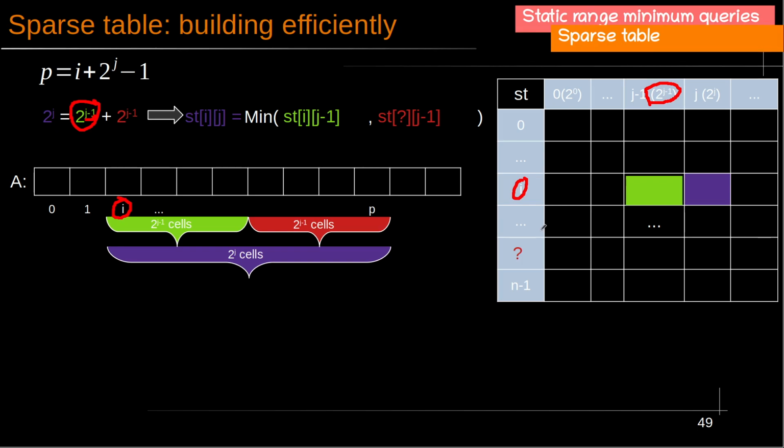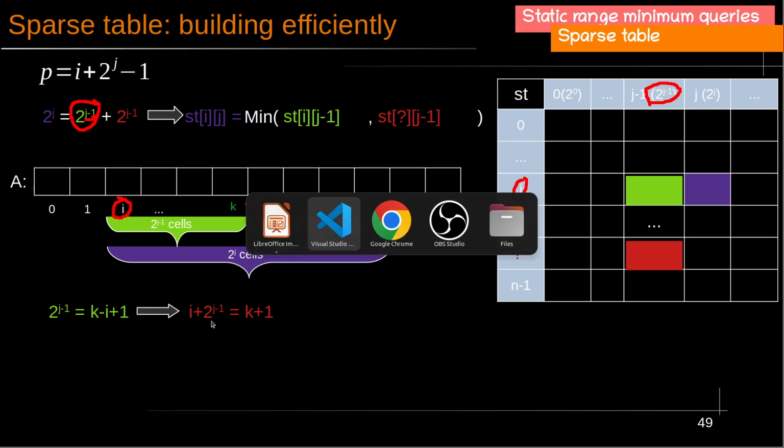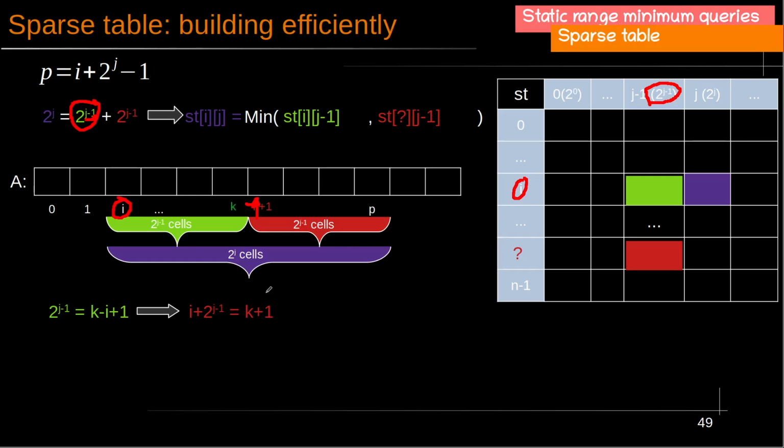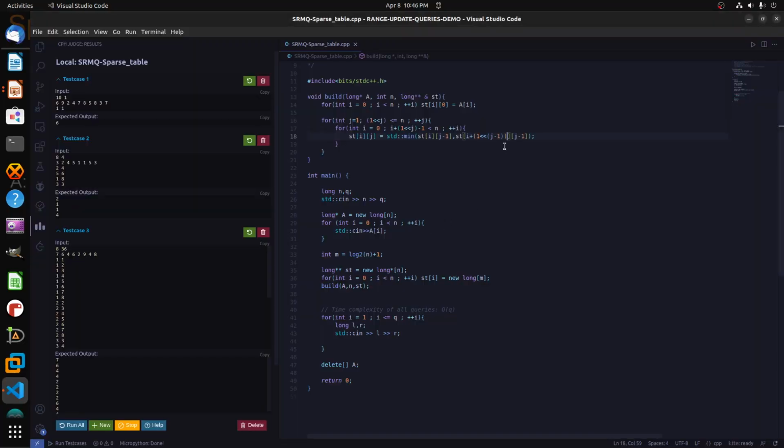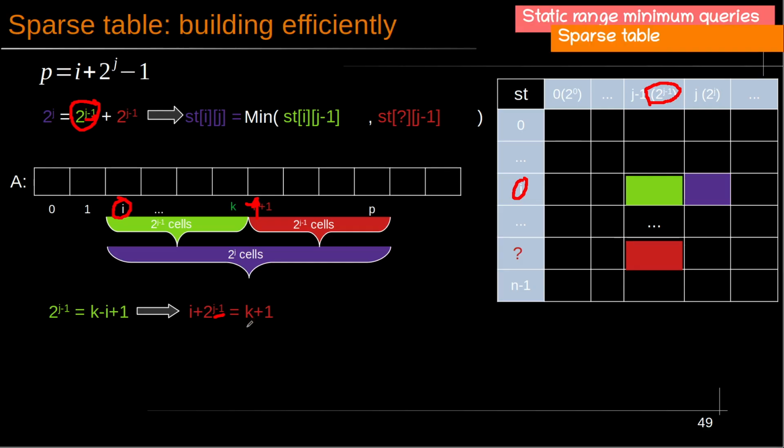The position of the second one, k plus 1, we can compute: k plus 1 is I plus 2 power j minus 1, which is correct. Okay, yes.